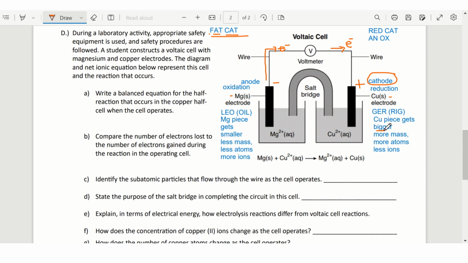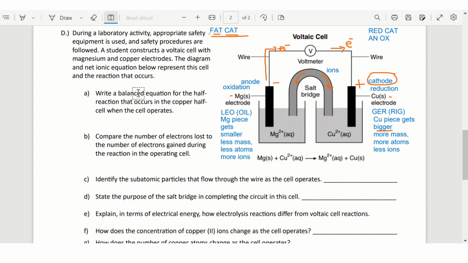That's why it gets bigger. All right, so fat cat can help you with 2 things. And then what goes in the salt bridge? Well, back and forth in the salt bridge would be the ions. So the electrons move through the wire and the ions move through the salt bridge. Okay, I think I have pretty much what I would want to label, so now go to the questions.